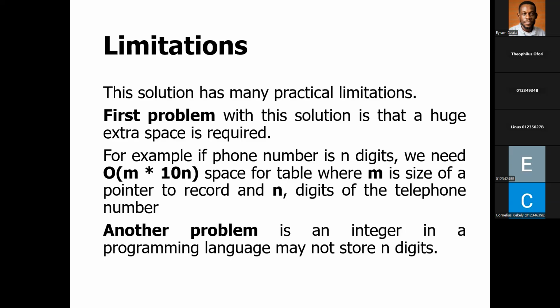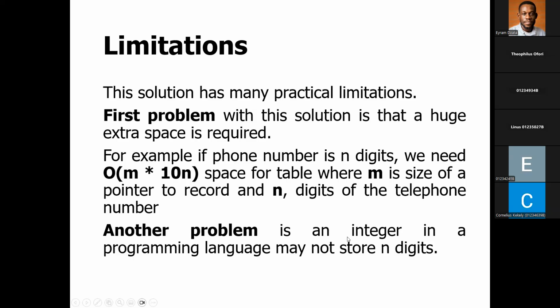For example, you have a telephone number of n digits. We will need big O of n times 10^m space for the table, where m is the size of the pointer to the record, and n is the number of digits of the telephone numbers.